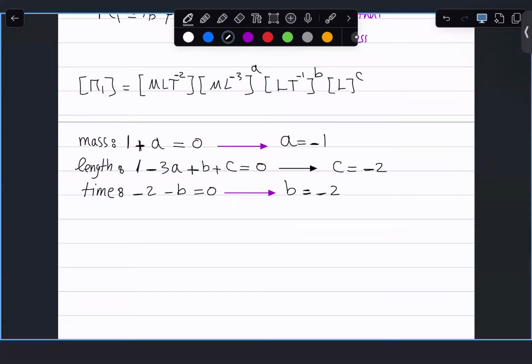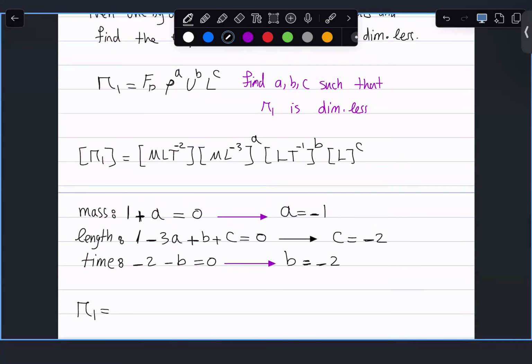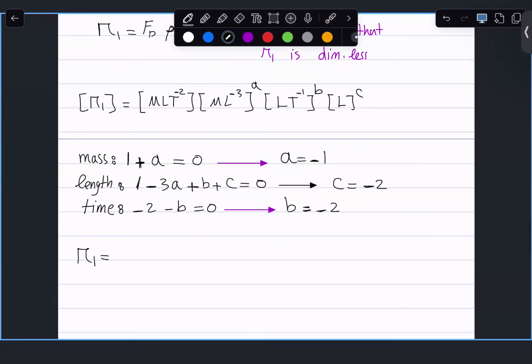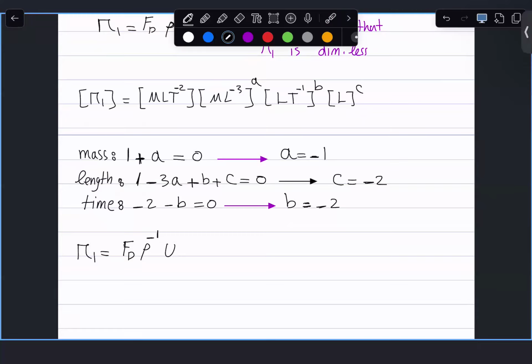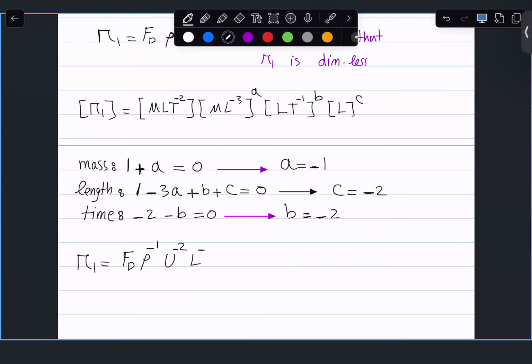Okay, so pi1, remember pi1 was FD rho^A U^B L^C. So now we found that pi1 is FD, rho to the power of A, which is -1, U to the power of B, which is -2, and L to the power of C, which is -2, or FD divided by rho U squared L squared.